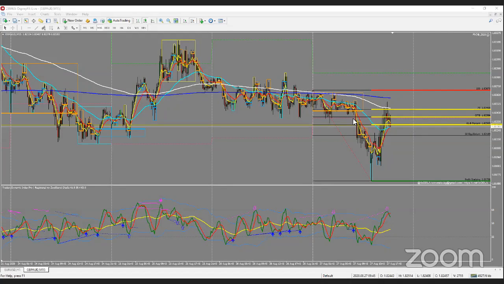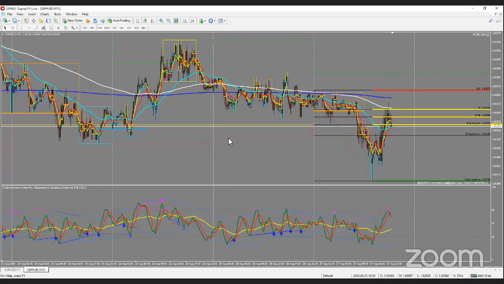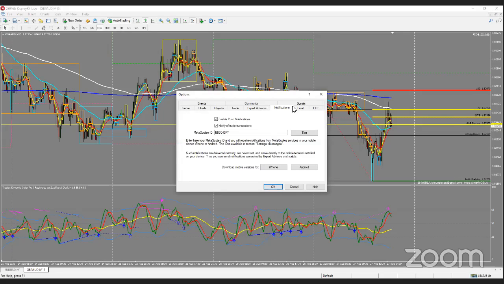So MT4 by itself has a notification built into it, and that is done through your tools and options, in the notification tab. If you're running MT4 on your phone, there's an MQ ID, and that's what you put in here, enable the push notifications, and that will start sending any MT4 alert to your phone.